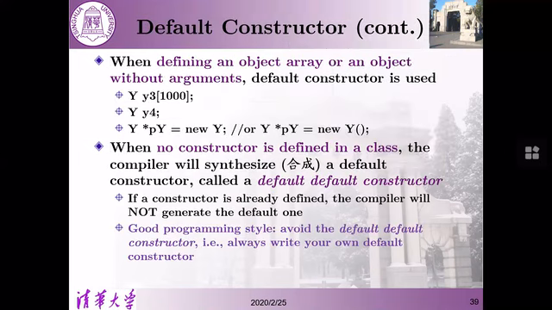So the default constructor has many usages, and it's very important. For example, if you want to define an array of objects with 1,000 objects in the array, you can only use the default constructor, right? If you define it in this way, you can only use the default constructor like this. Then there are also other ways to use the default constructor like this.